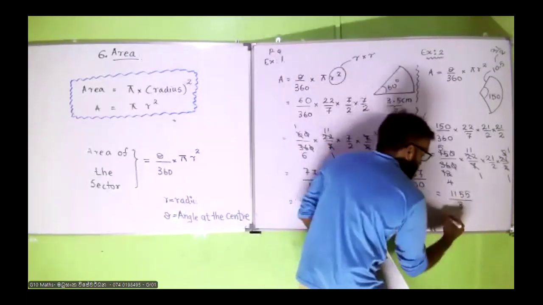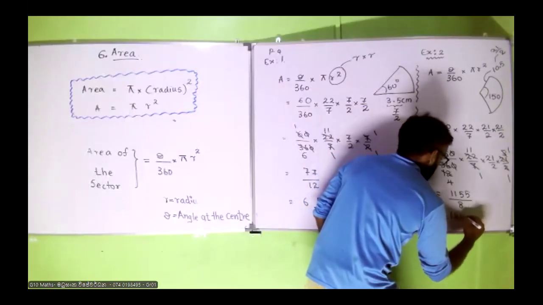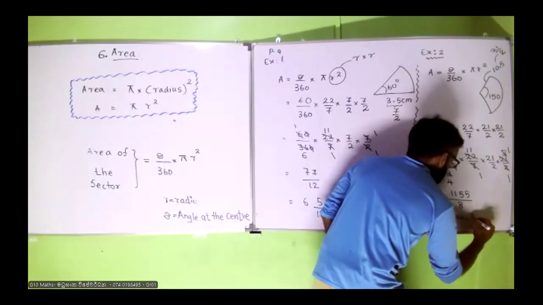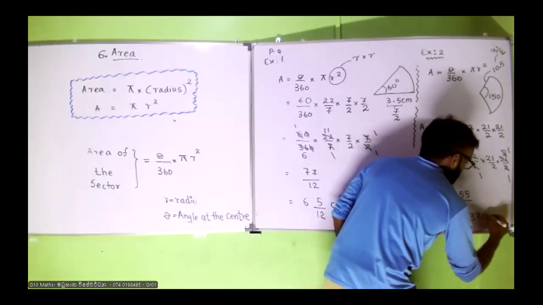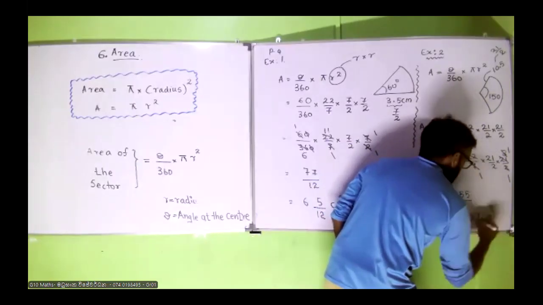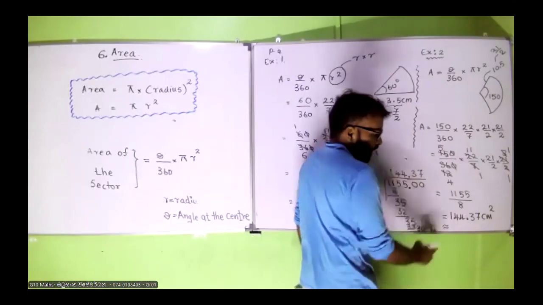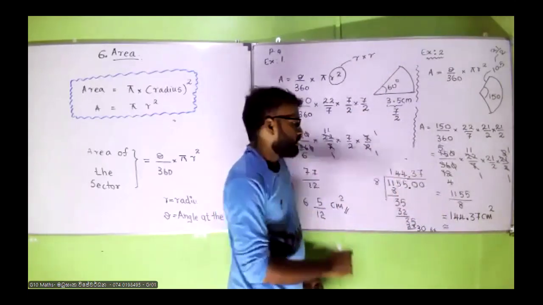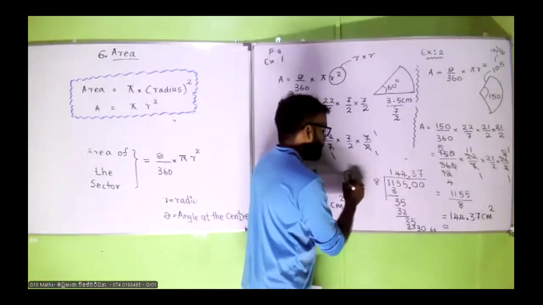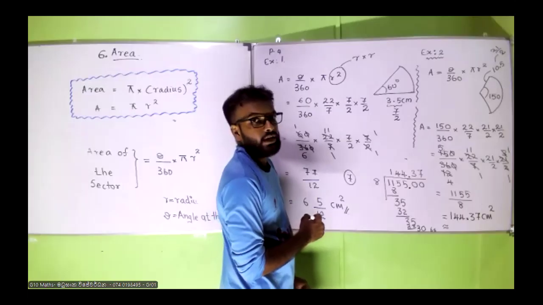So your answer will be 144.37 square centimeters. But if you round it off to the first decimal place, you have to remove the 7. You check whether it is less than 5 or greater than or equal to 5.